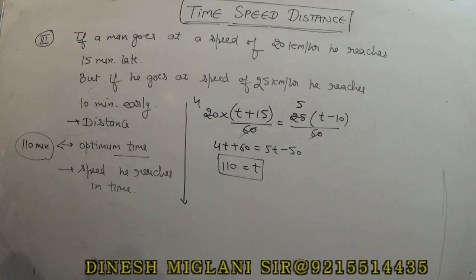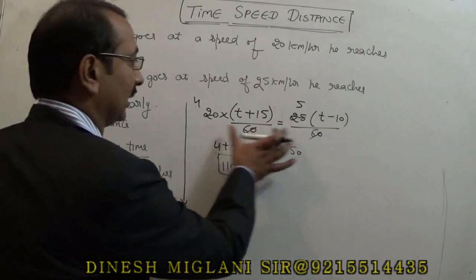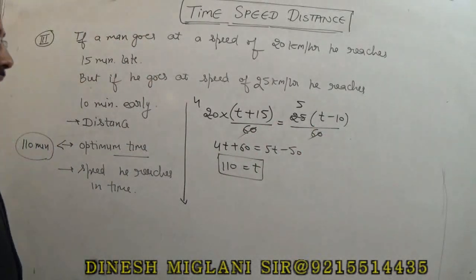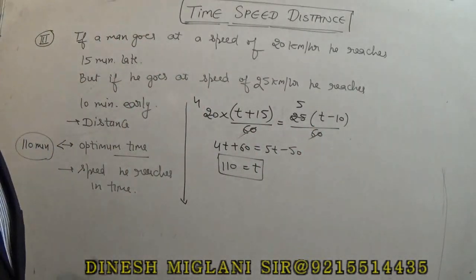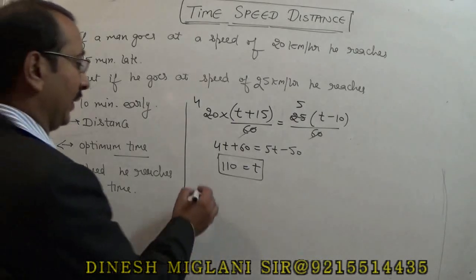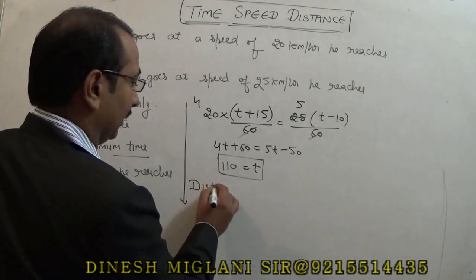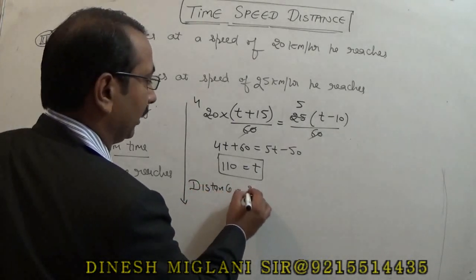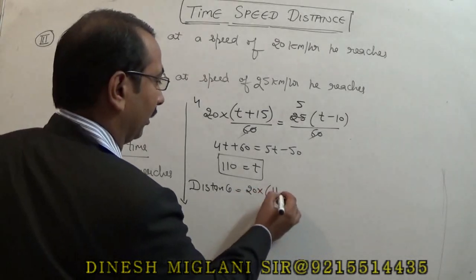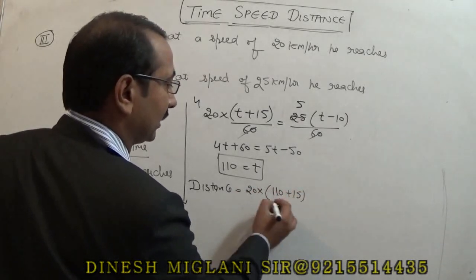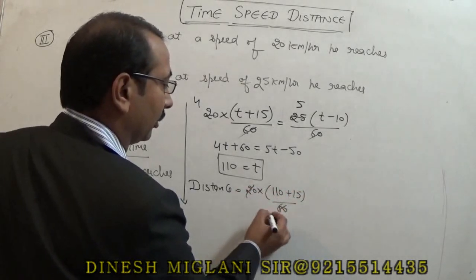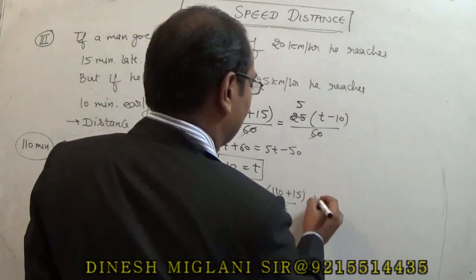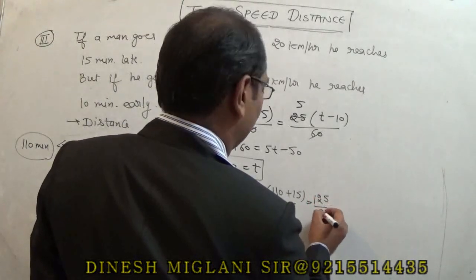Now I also have to find the distance. This is the distance and this is also the distance. In both equations at any place I can put t equal to 110. If you have to find the distance, I can say the distance is equal to 20 into (110 plus 15) upon 60. 20 will go into 60 three times, and I can say the distance is 125 upon 3 kilometer.